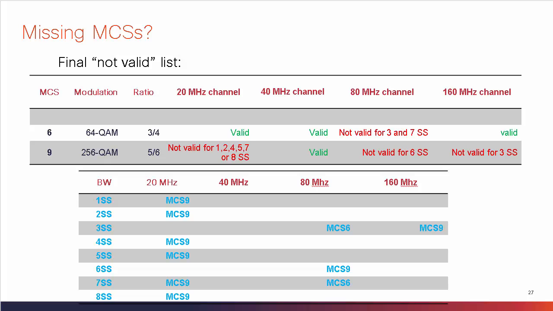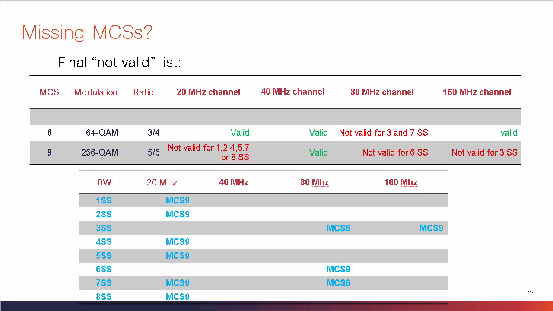Most likely, if you're close to the AP, you have a good signal, you'll probably want to expand to 40, 80 or more megahertz channels, not stay at 20. And if you are in a very high density environment where you have to limit your channel size to 20 MHz, there's not much of a difference between MCS8 and MCS9 in terms of efficiency anyway. So you'll be able to revert back to MCS8 in that case.